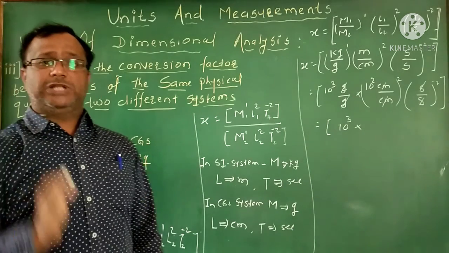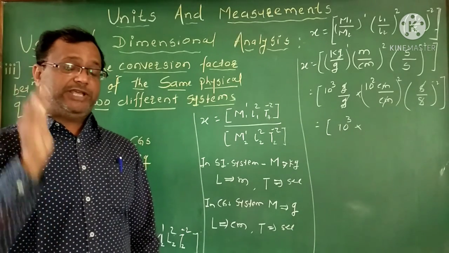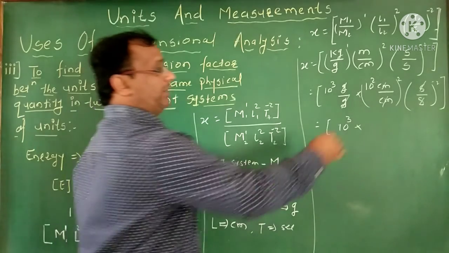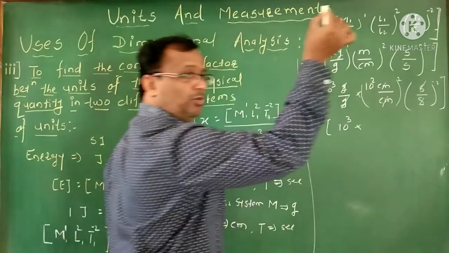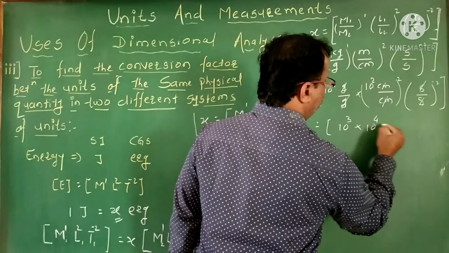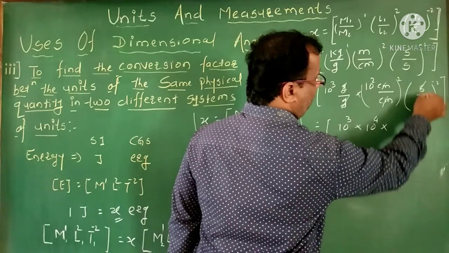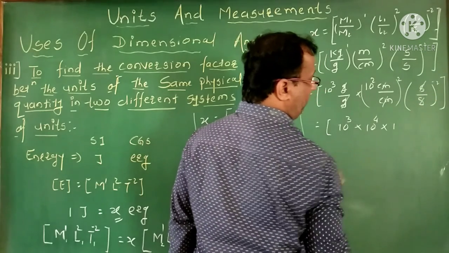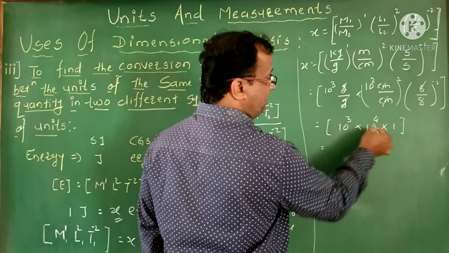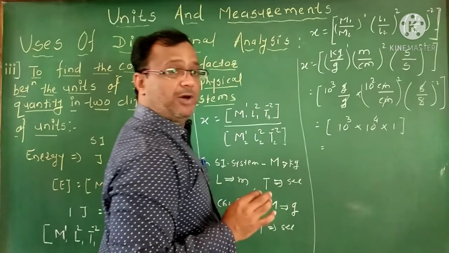Again here we want to use the law of indices, that is a raised to m, raised to n, gives a raised to mn. So 2 raised to 2 means simply 4. So that's why here we get 10 raised to 4. And instead of second we want to take simply 1. Here the base is same, then we want to add their powers.